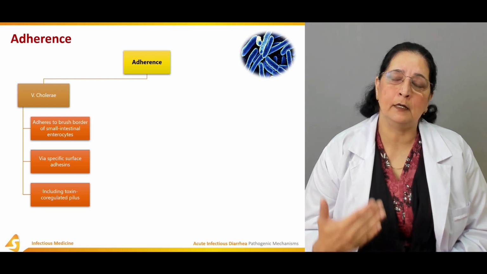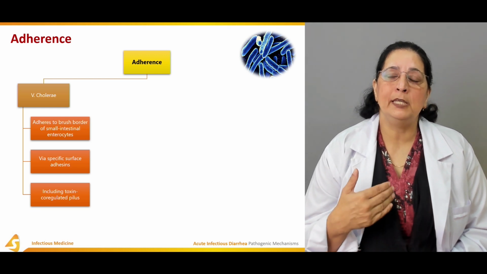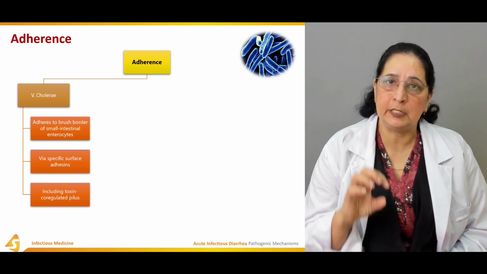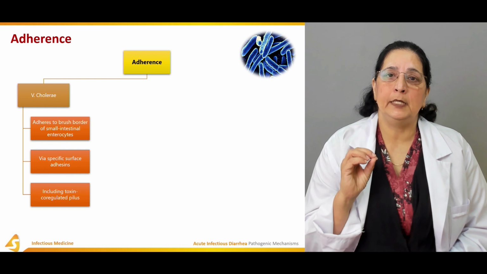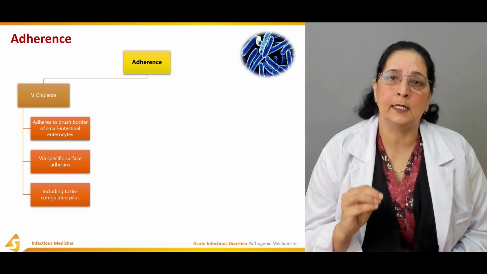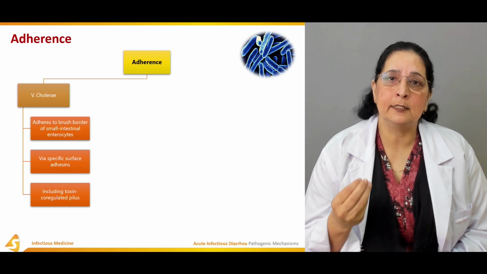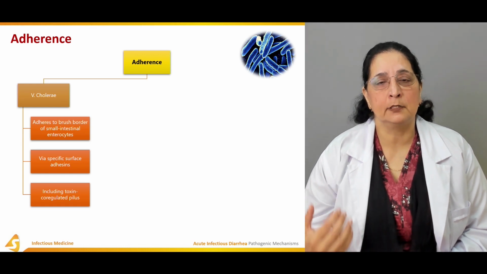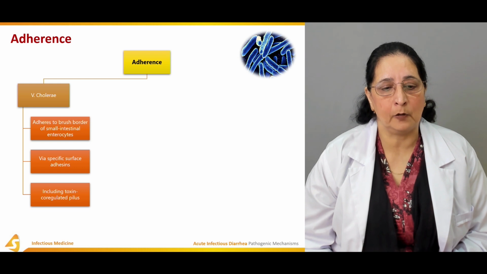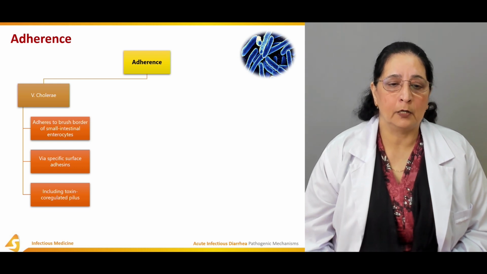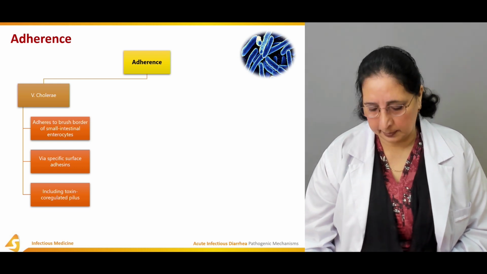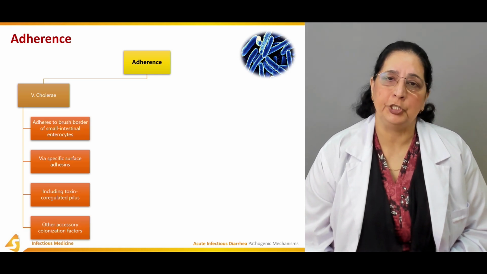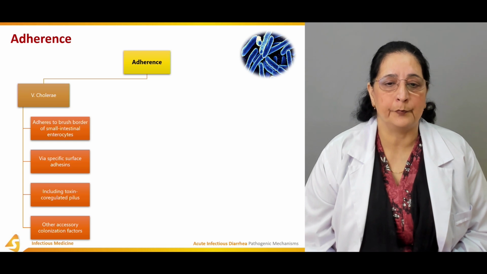So all these are the mechanisms by which Vibrio cholerae attaches to the brush border of the small intestinal cells, adheres through the adhesins present, and starts the mechanism of toxin production and causes infection. Other accessory colonization factors are also present.